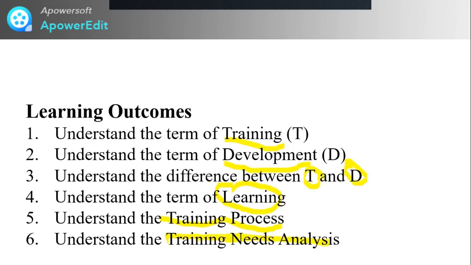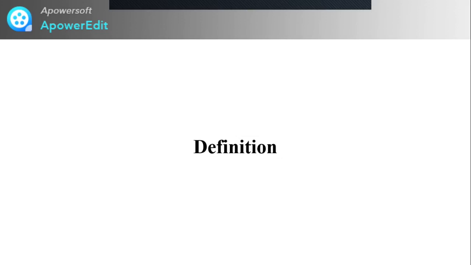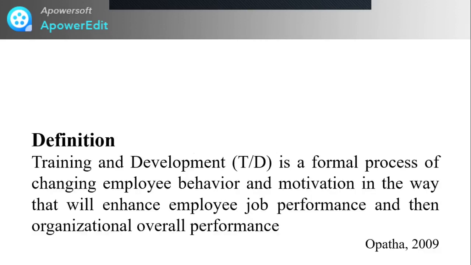Okay, then definitions. The first definition for training and development, both areas, in a broad way: training and development is a formal process aiming to change employee behavior and motivation.